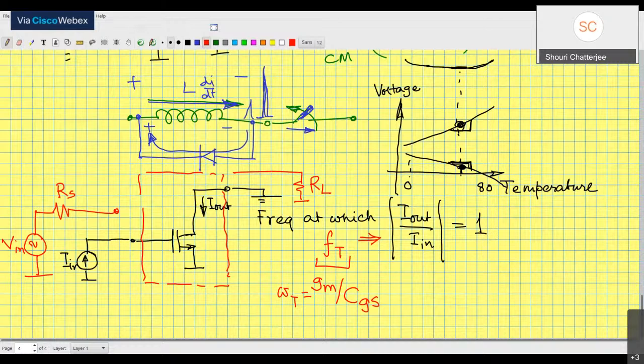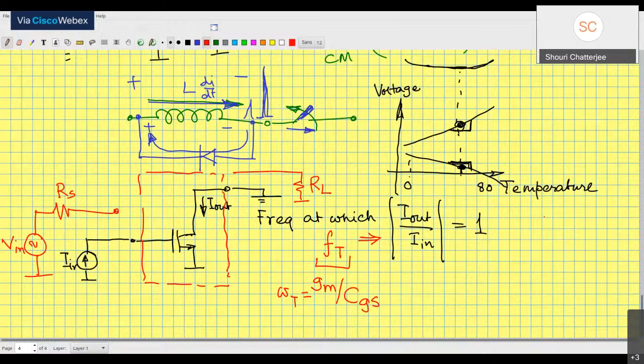What is power supply rejection ratio in an op amp? Power supply rejection ratio in anything is basically, the concept is like this. What is the signal coming from the input? That is the desired signal. Okay, you want it.